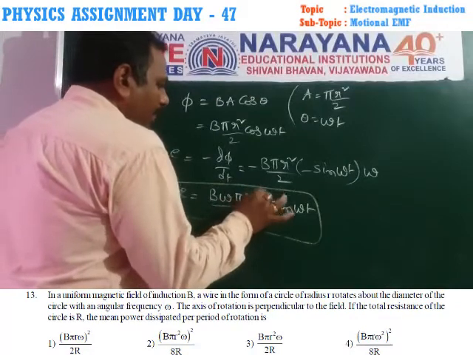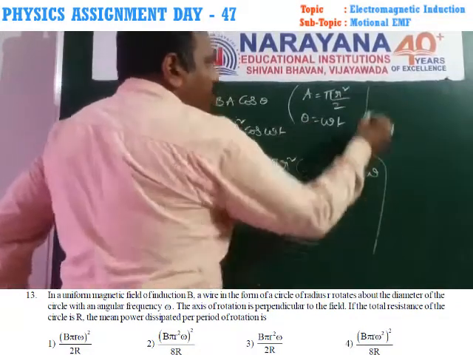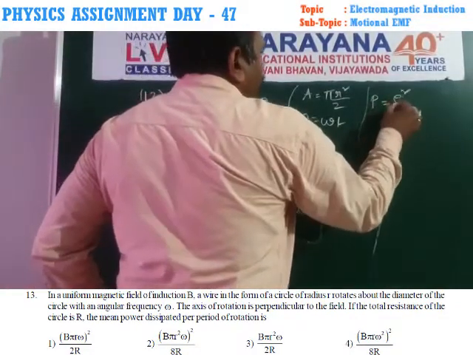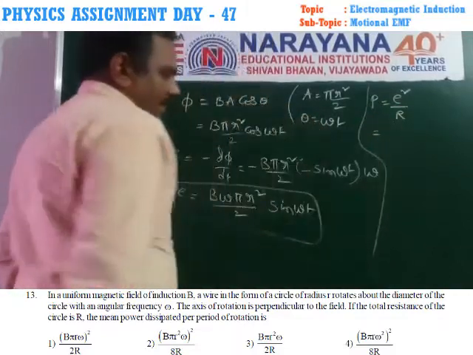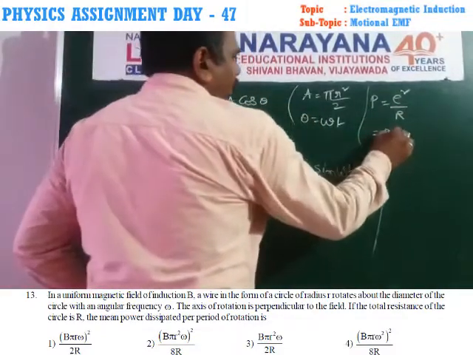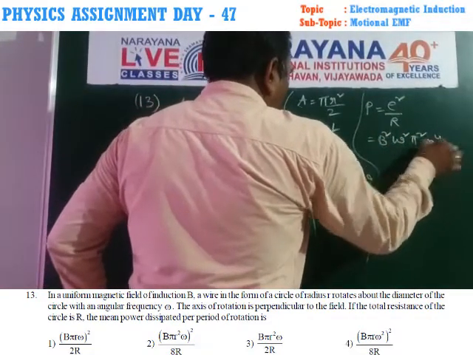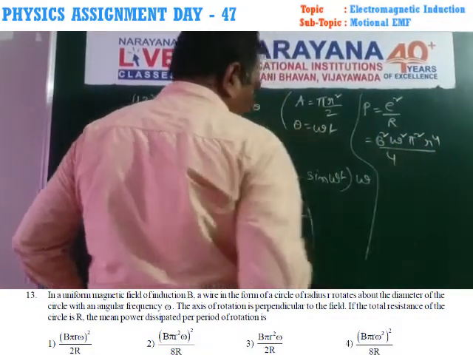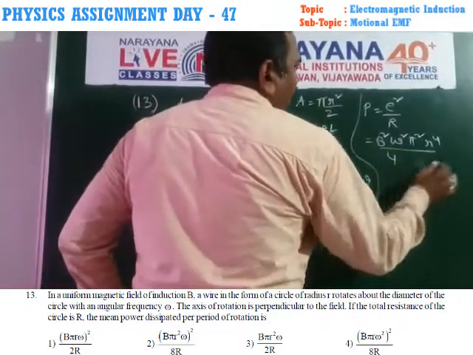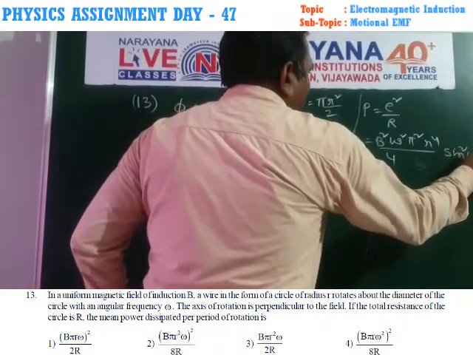But power. So power P is equal to EMF E square by R, the external resistance. So calculating it, B square omega square pi square R power 4 by 4 into sin square omega t.